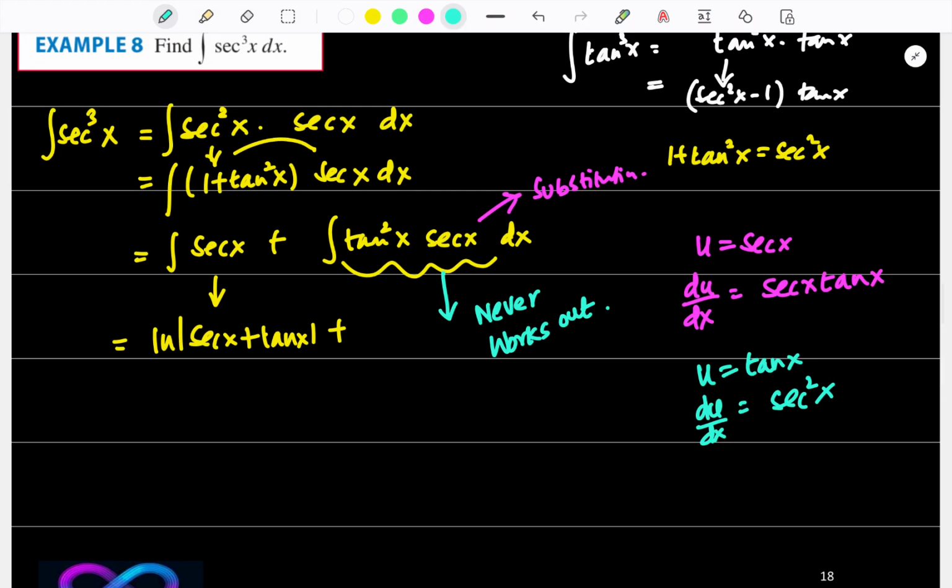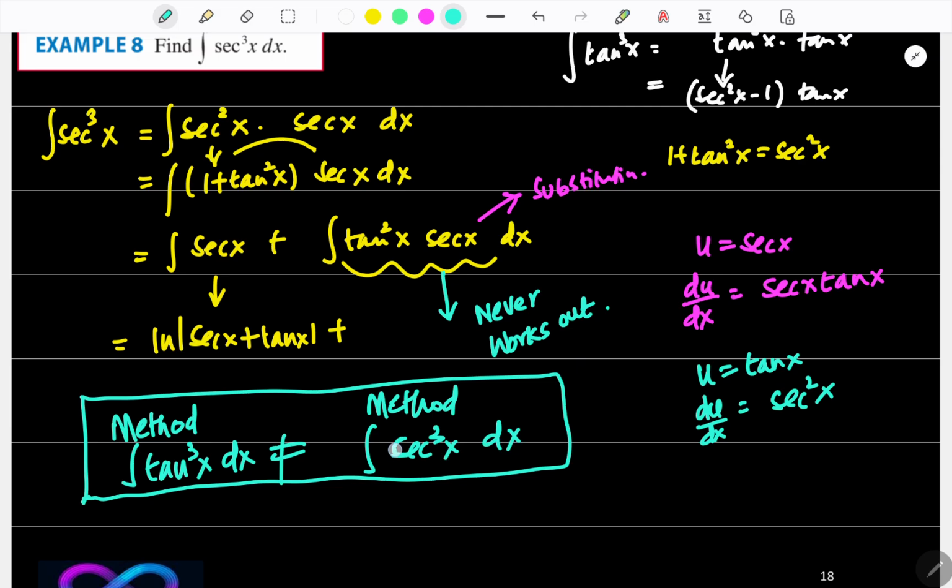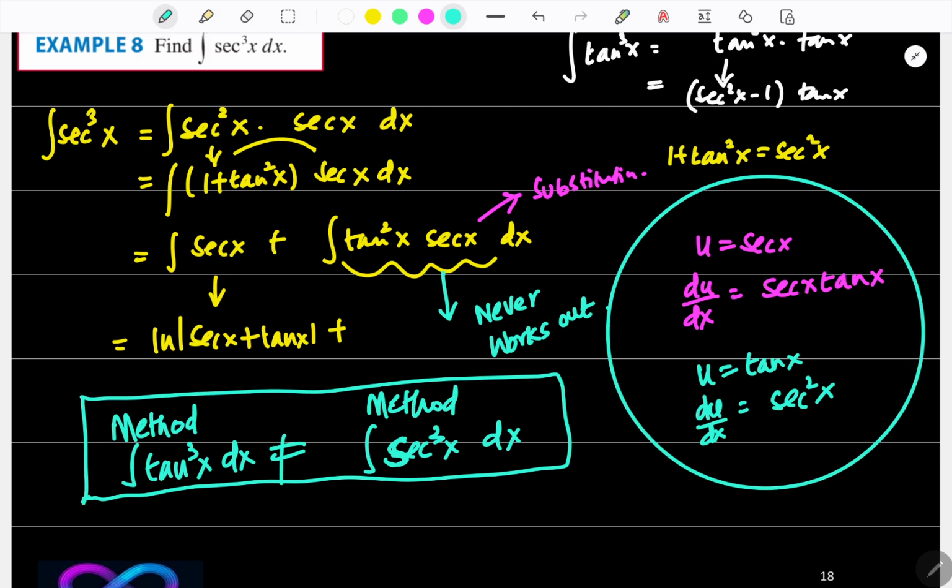Keep in your mind, the method for integral tan cube x is not the same as the method for integral secant cube x dx. I showed you here why it is not applied. Clear all of you? So we cannot apply the same method.